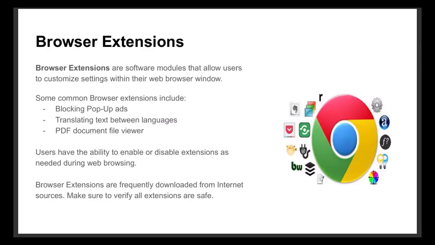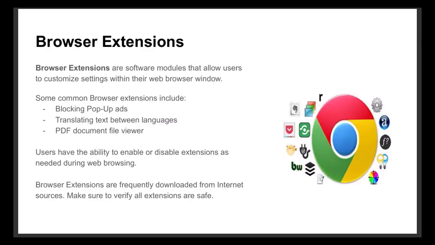Some common browser extensions that we see include language translation. This is where we can convert text into different languages automatically. We can also enable PDF document file viewers. This allows us to view PDF documents within our browser window. And we can also block pop-ups and ads that may appear while we are online.